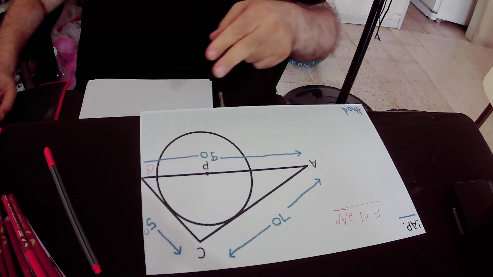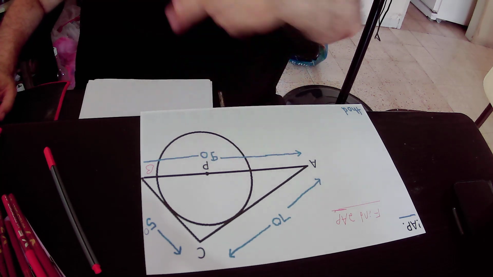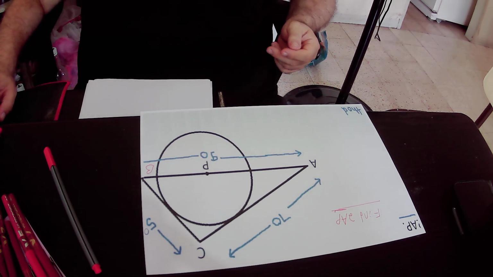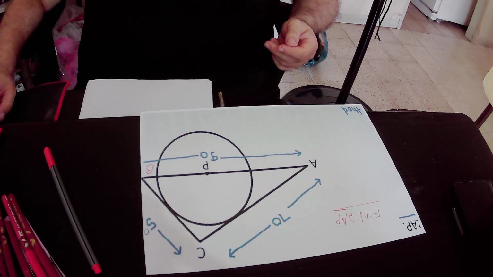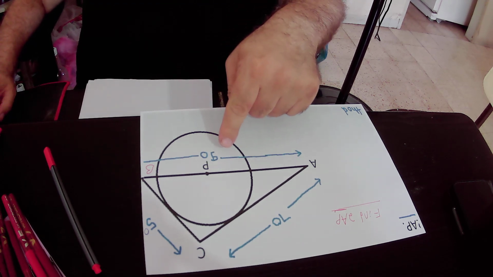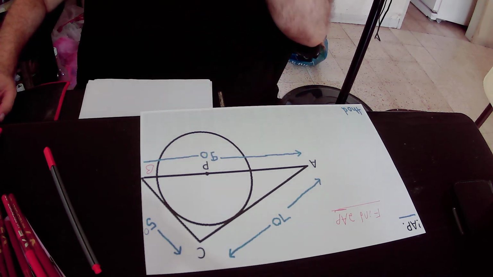And we also have a circle, and the center of this circle is point P. Actually we have 2 tangents to this circle.